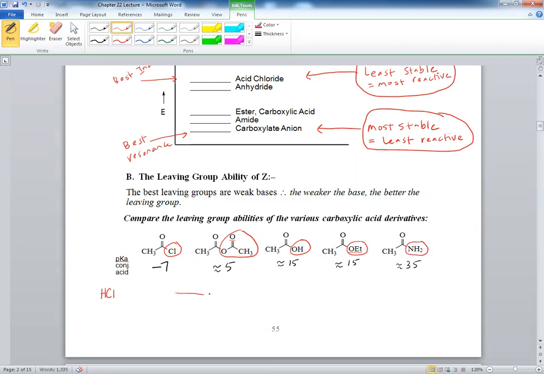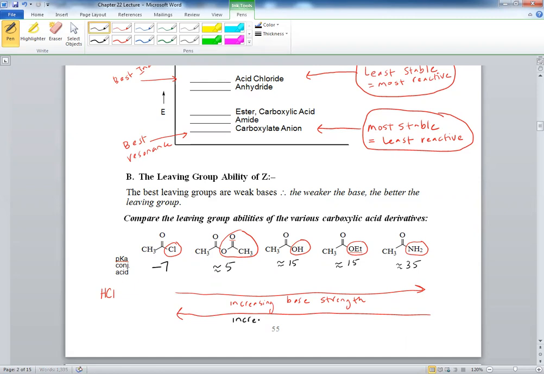So that means that as you go this way, you have an increasing base strength, but the opposite way means you have an increasing leaving group ability.